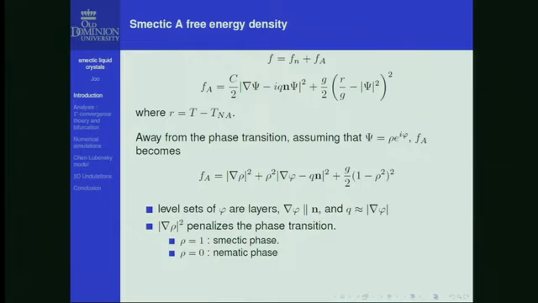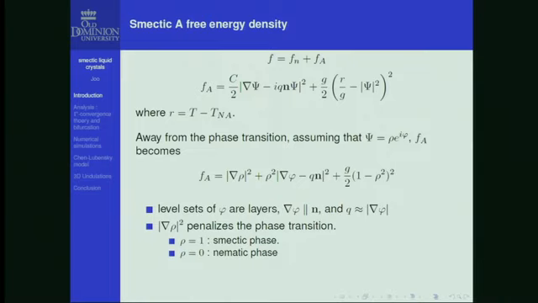Let's assume that we are away from the phase transition to the nematic. Then we assume that the modulus of psi is constant, and we can just set R over G equals 1. Under this transformation, we can see this is the simple smectic A energy. This penalizes the phase transition, and the level sets of phi are the layers.